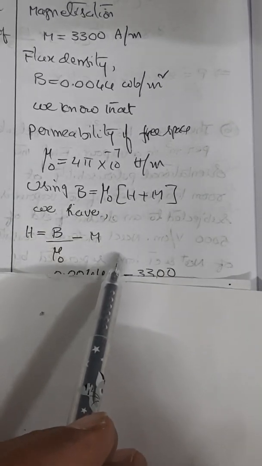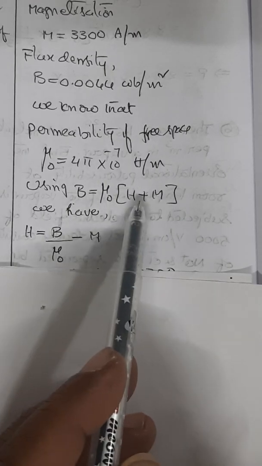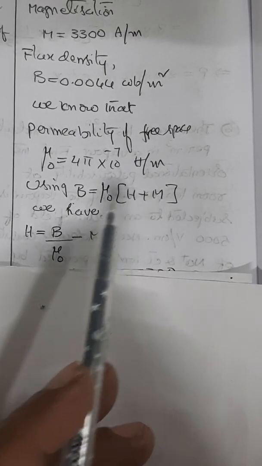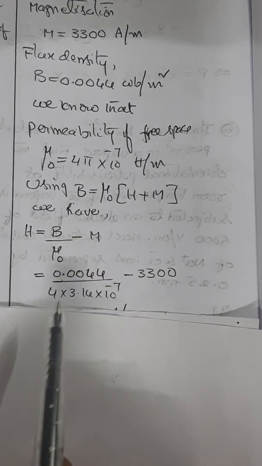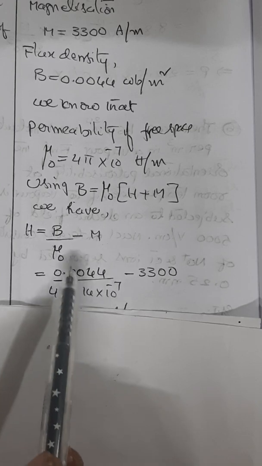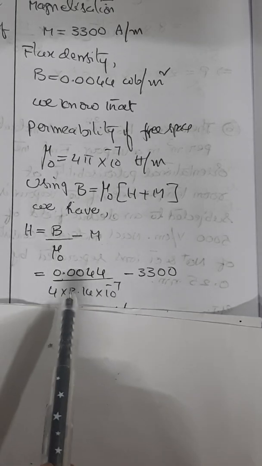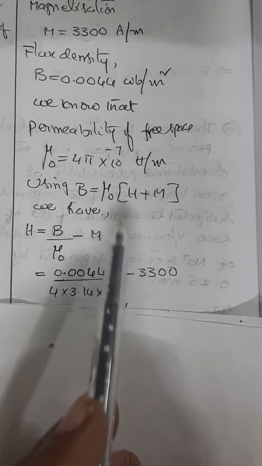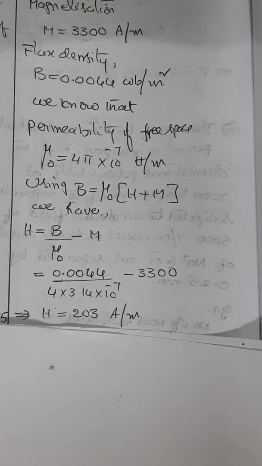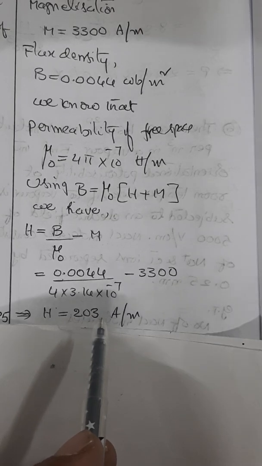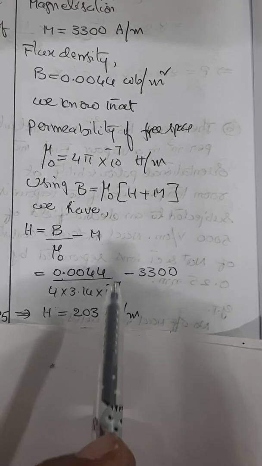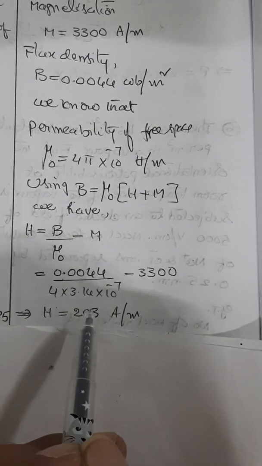So when we substitute, H will be from this formula, B by mu naught minus M. So when we substitute these values, 0.0044 divided by 4 into pi, 3.14 into 10 power minus 7 minus 3300. If you simplify this, H will be 203 ampere per meter. Now problem is not yet completed. Only first part is completed.